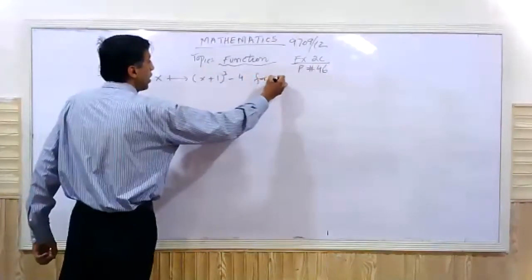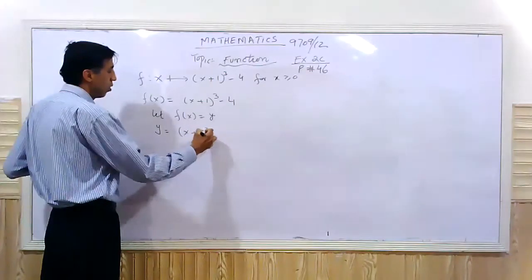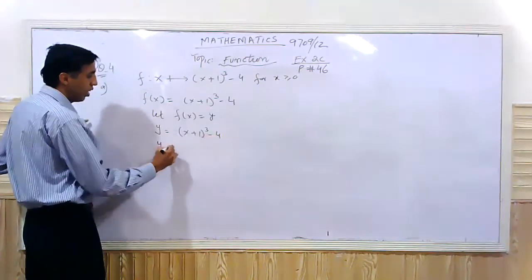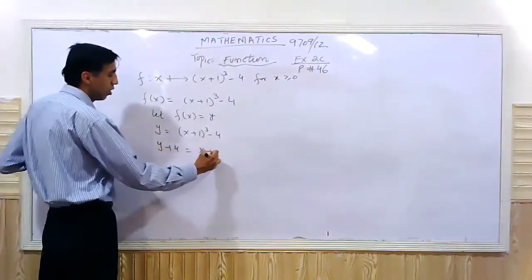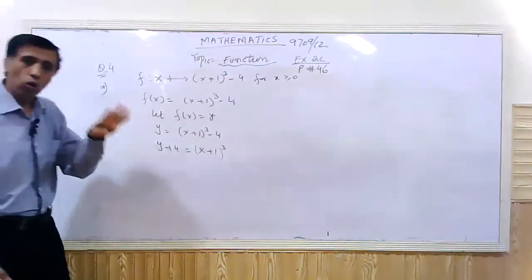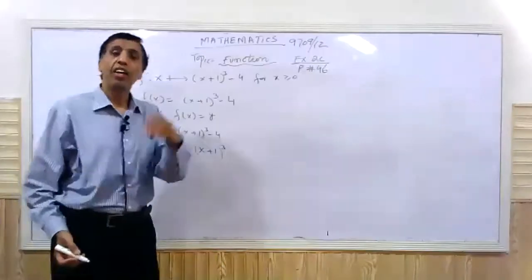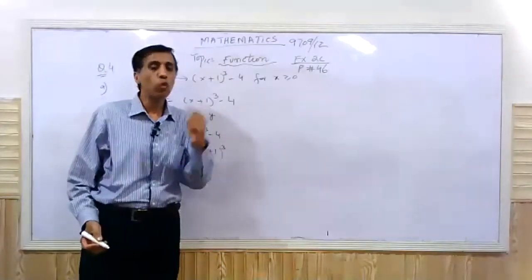For x greater than or equal to 0. Now make x the subject. Now how to remove the square? By taking the square root of both sides. Here there is a cube root.